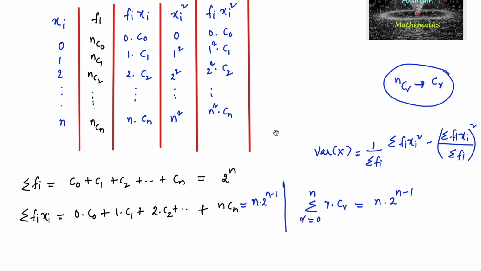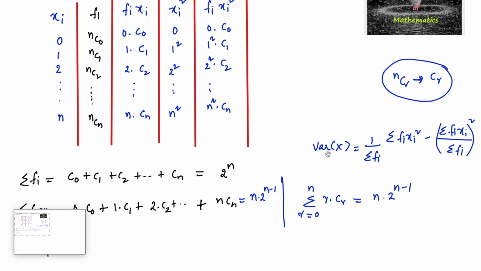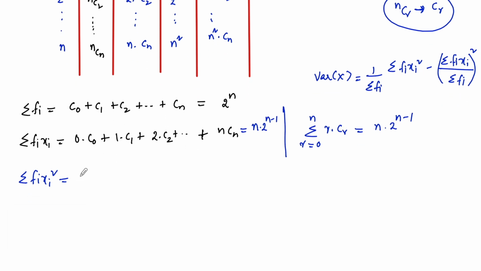Then summation of fi xi square is equal to 0 square into C0 plus 1 square into C1 plus 2 square into C2 and so on up to n square into Cn.